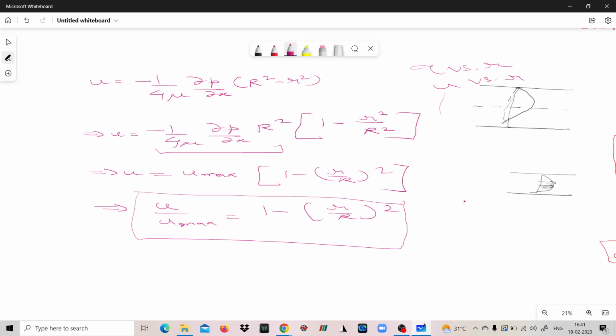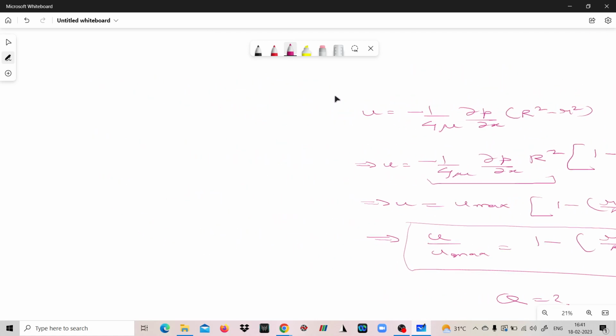Now, next is how to compute the discharge, or how to derive the expression for discharge Q. So, if you again consider that there is an elementary ring, okay, now I am taking the cross section of a pipe.